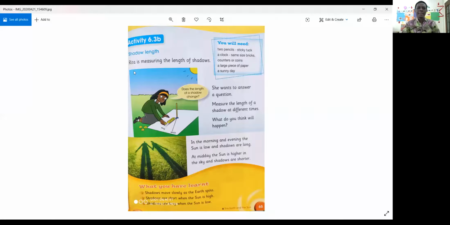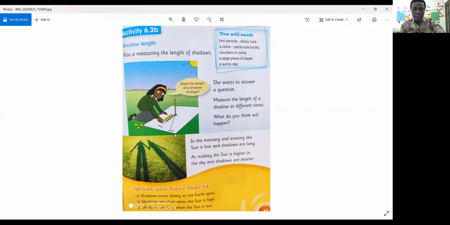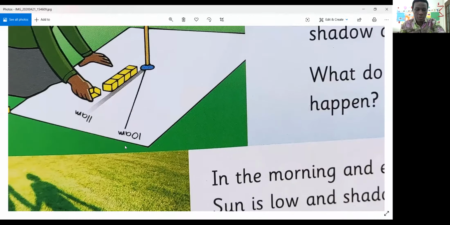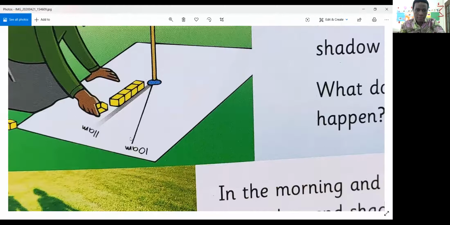Now, here, Rita is measuring the length of a shadow, or of shadows. This was at 10 a.m., and this is 11 a.m. How does she measure it? She measures it with the blocks to know how long it will be.